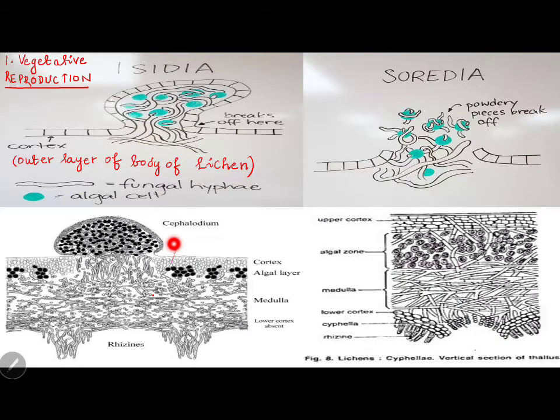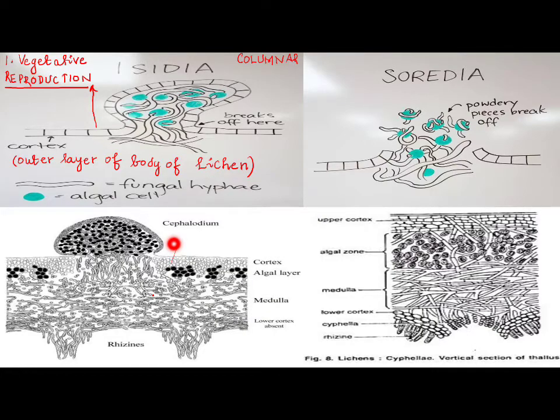Okay. So here, if you can see, the cortex is projected outside like a swelling. Usually, they will be columnar. They are outgrowths from the thallus covered by cortex.